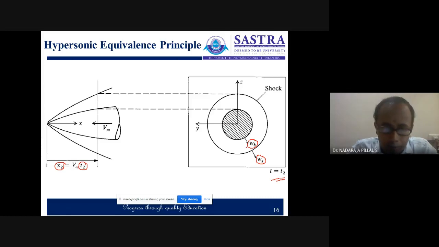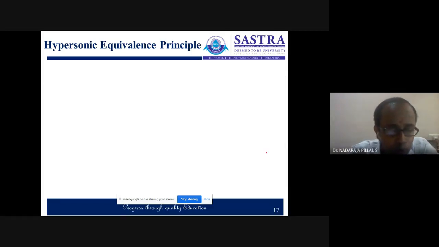So the cylindrical piston moving at a velocity wb, and the cylindrical shock which is coming outwards with a velocity of ws, right?